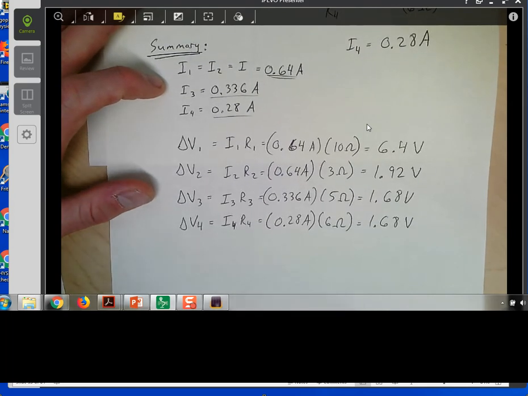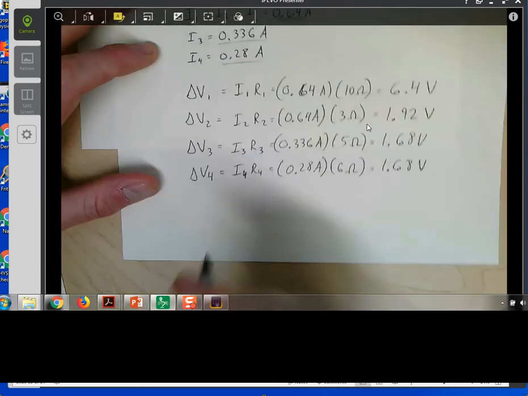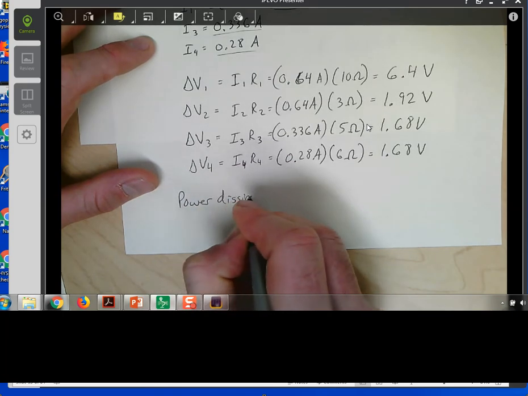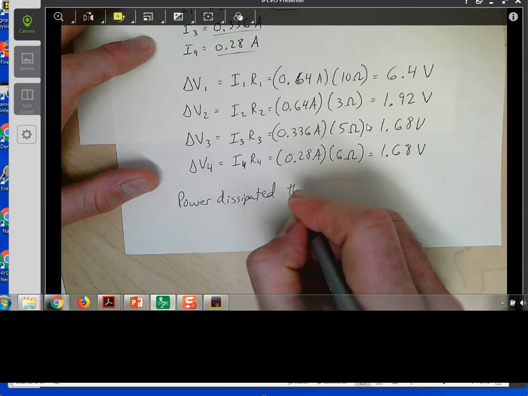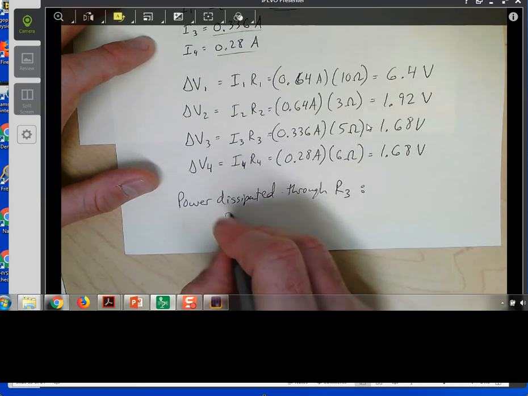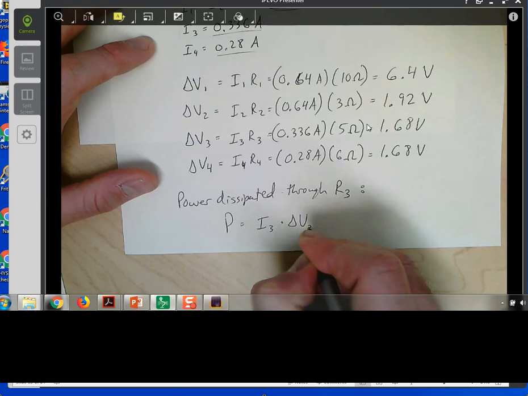And then finally, I'll share one more thing, which is that given this information, if we wanted to figure out the amount of power dissipated through any of these resistors, so why don't we just say the power dissipated through R3, all we would have to do is say power is equal to I3 times delta V of 3.